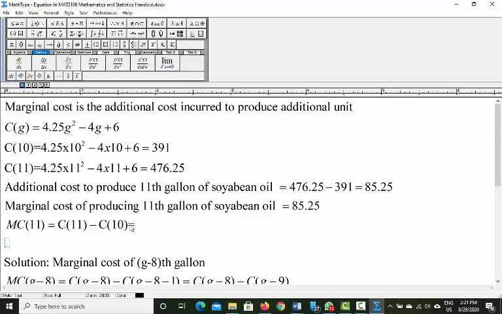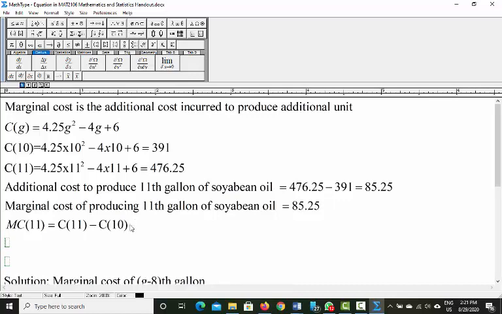So the marginal cost of producing G gallons of soybean oil will be what?